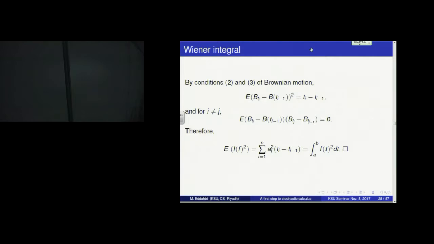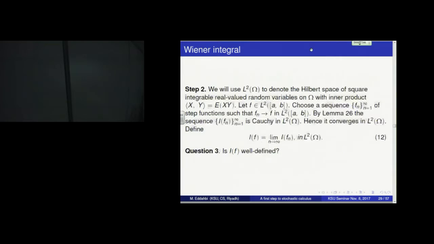So the idea is this. Define the inner product in L2 in this way: take two random variables, expectation of XY. These simple functions are dense in L2, which is a classical result of analysis.